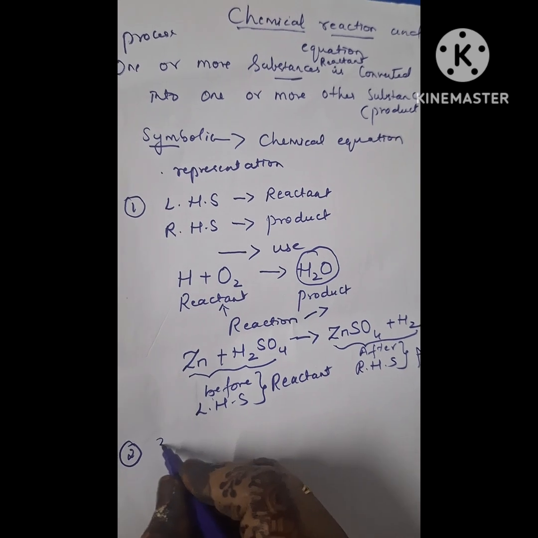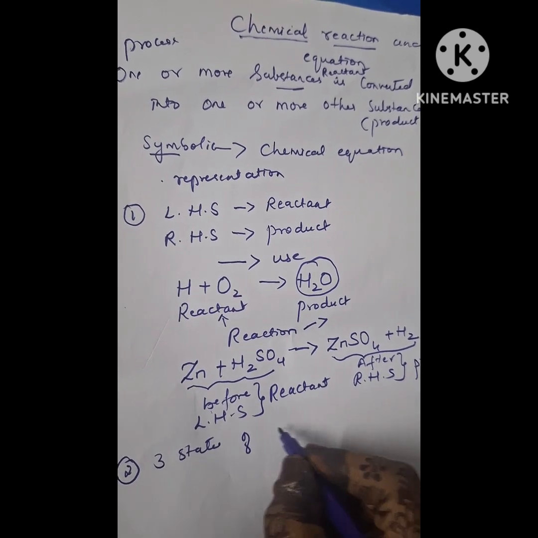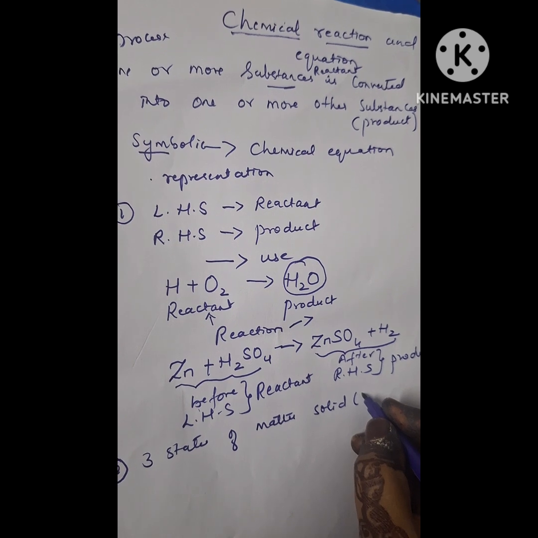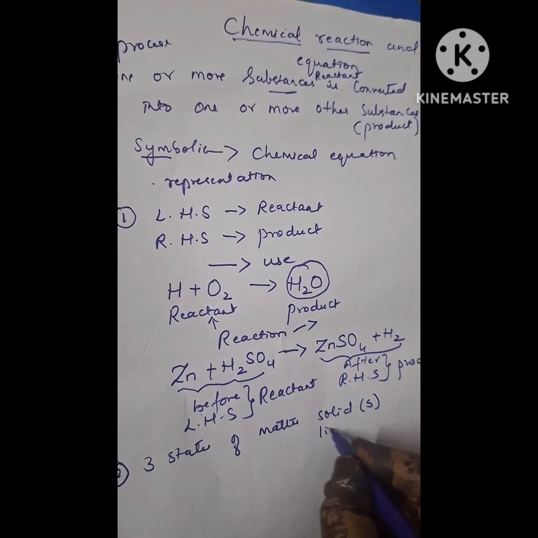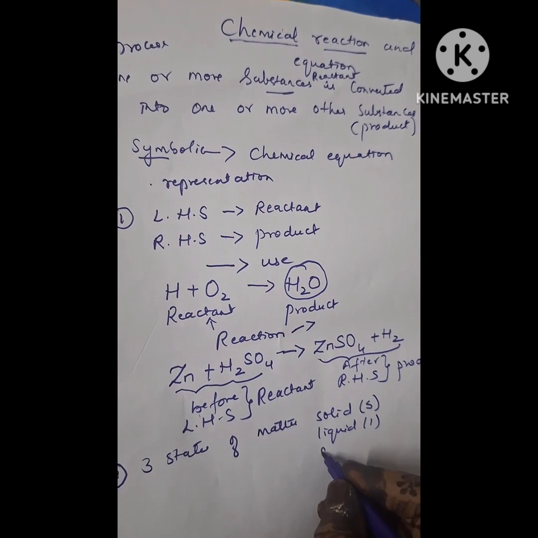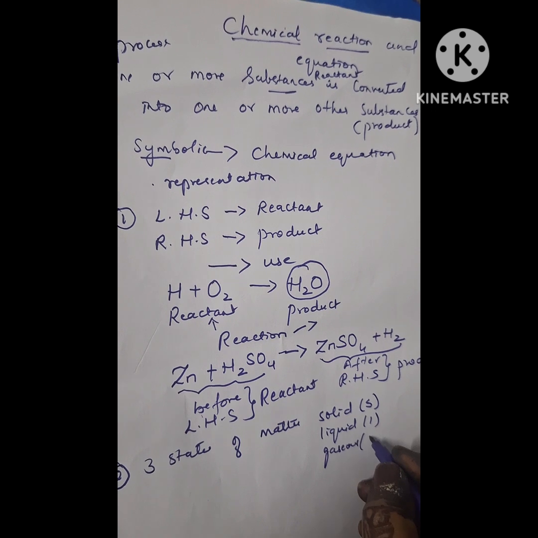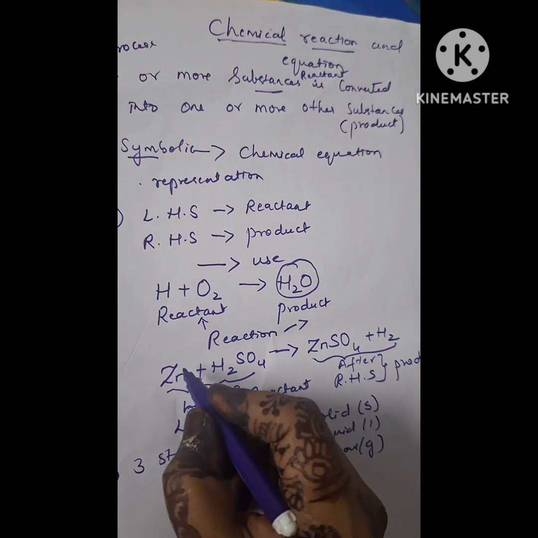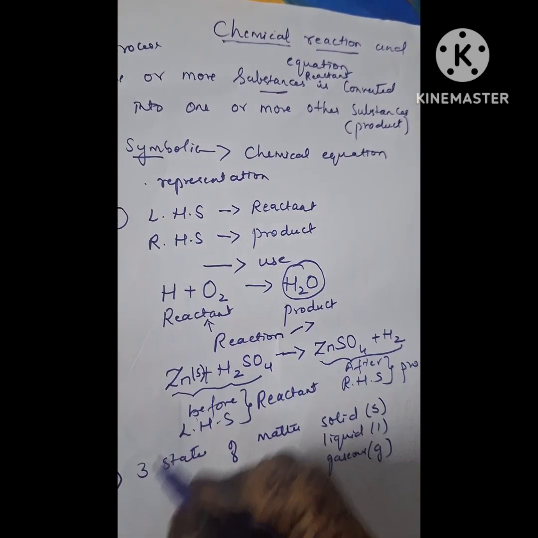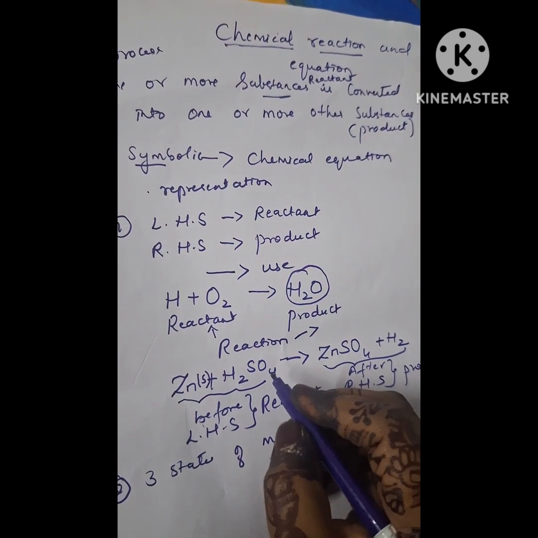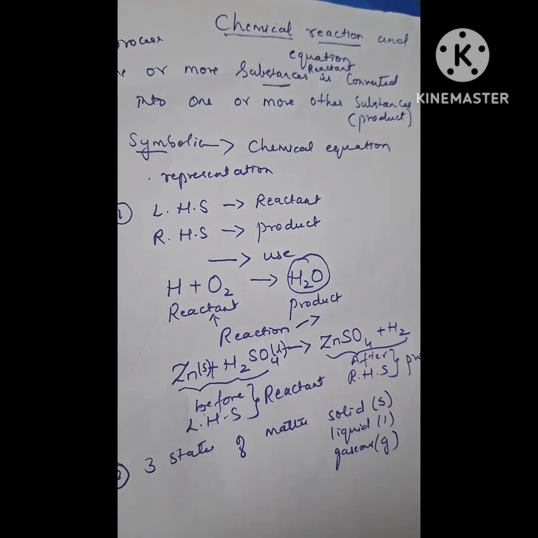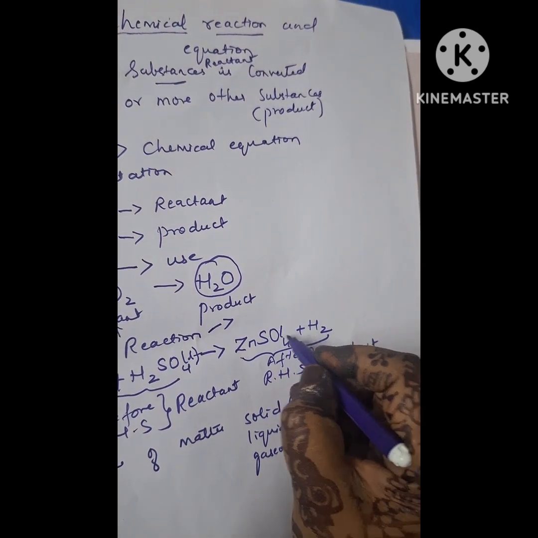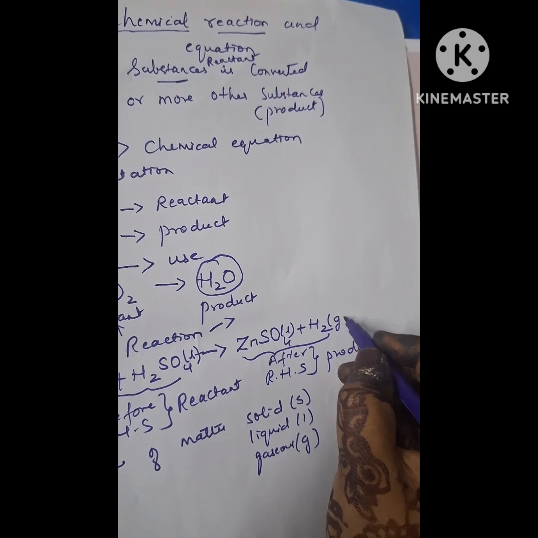Basically, we have three states of matter called solid, for which we use the symbol S, liquid L, gaseous or gas G. So zinc is in solid form, so we write it S. H2SO4 is the acid which is in liquid form, we write it L. Zinc sulfate again in liquid form, and hydrogen in a gaseous form.